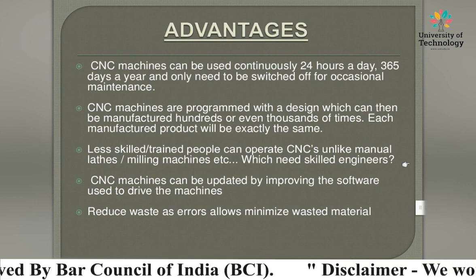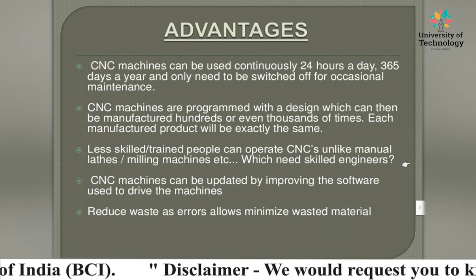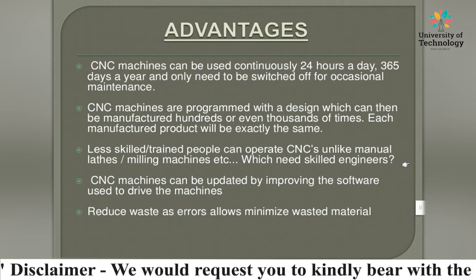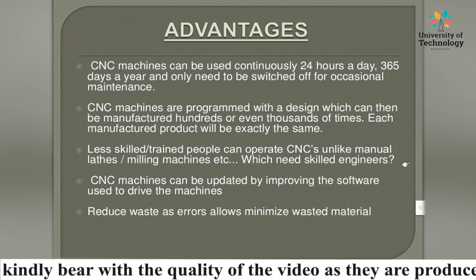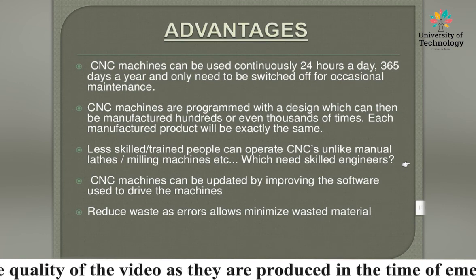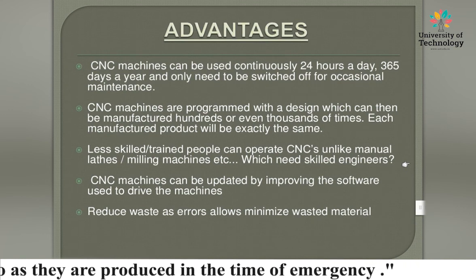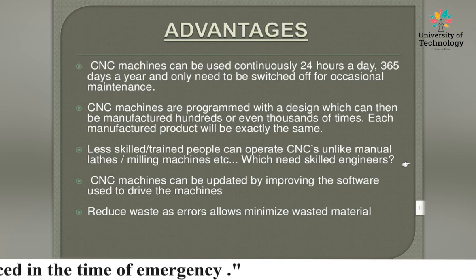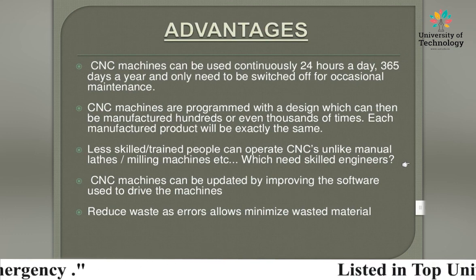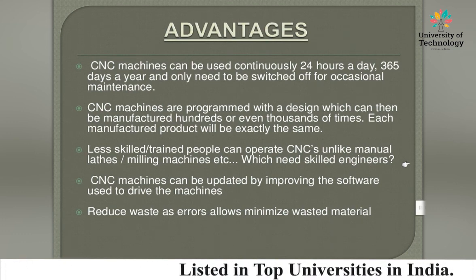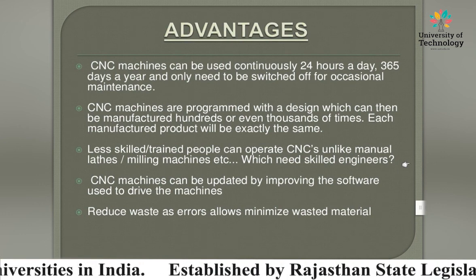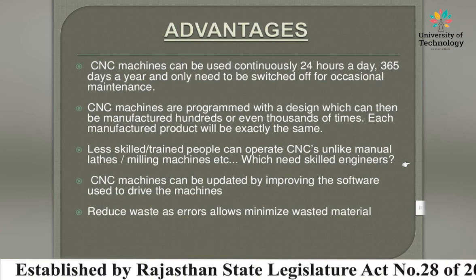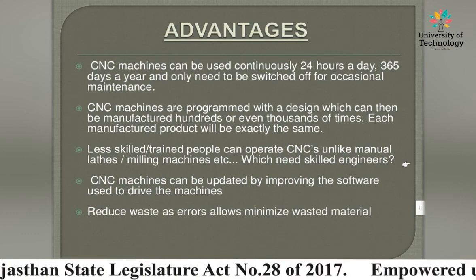Some advantages of the CNC machines here. The first one, CNC machines can be used continuously 24 hours a day, 365 days a year, and only need to be switched off for occasional maintenance. CNC machines are programmed with a design which can be manufactured hundreds or even thousands of times. Each manufactured product will be exactly the same.